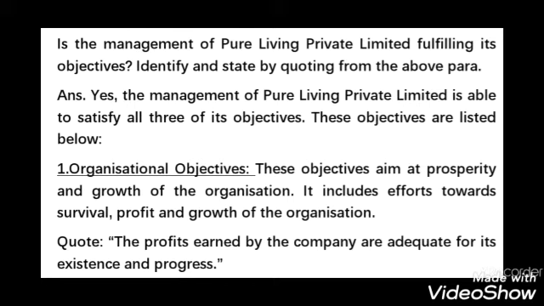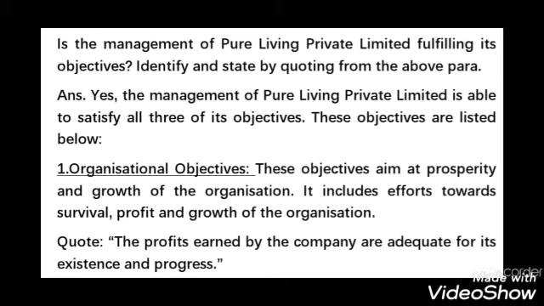Number 1, organizational objective. The organizational objective says that these objectives aim at prosperity and growth of the organization. Prosperity and growth should be there. It includes efforts toward survival, profit and growth of the organization.